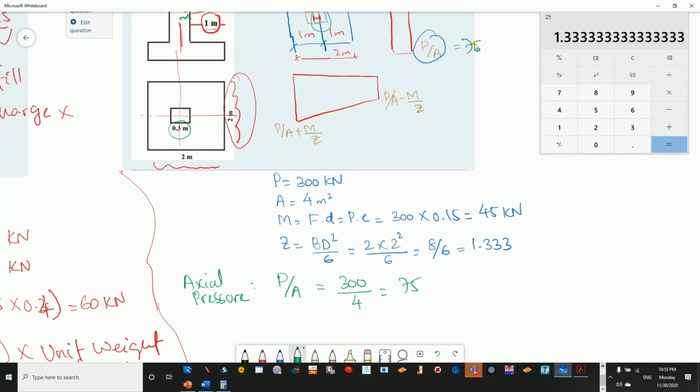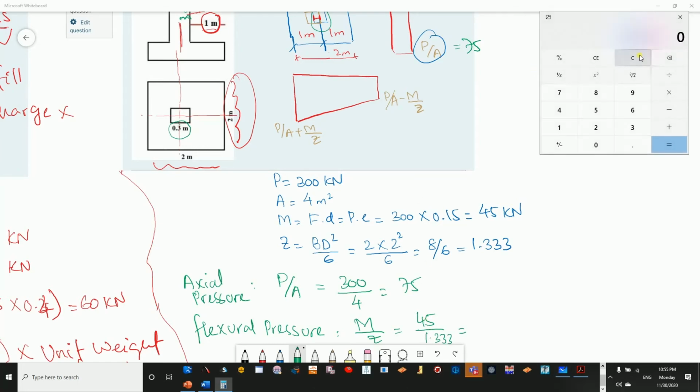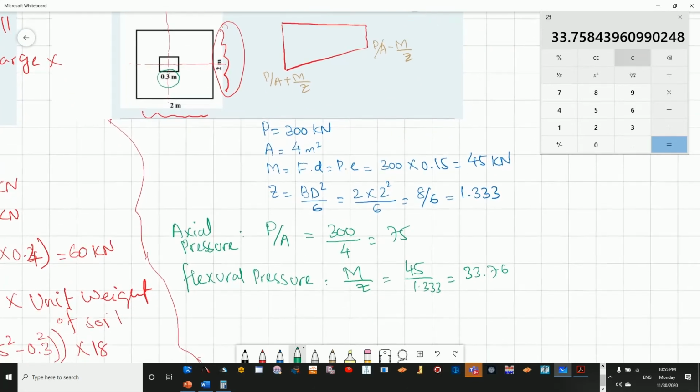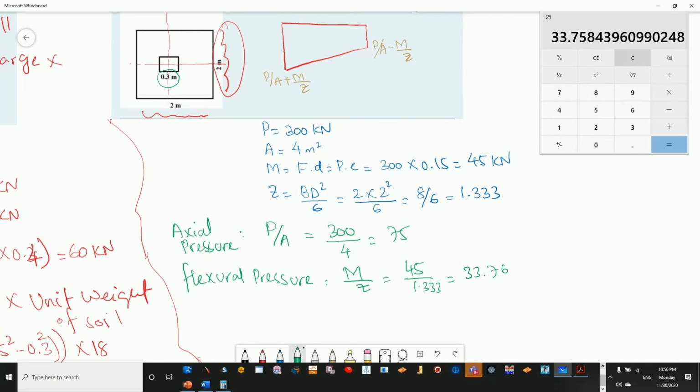Now going for flexural pressure, where it's M over Z, we have 45 divided by 1.333, and this is 33.76, in kilonewton per meter square.